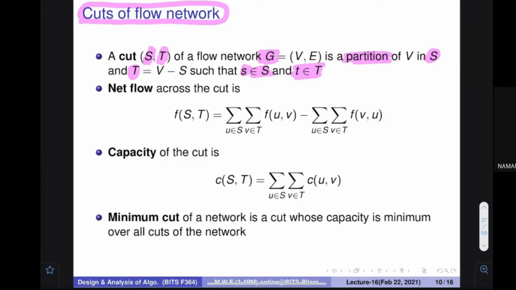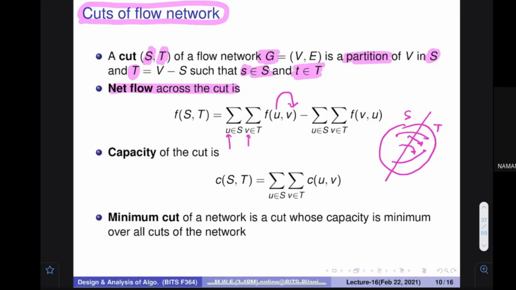Now a few definitions. Net flow across the cut. If I want to find the net flow, from S you pick u and from T you pick v and see how much is going from here to here. So in our network, for all the nodes in S, how much they are sending to T. This is the first term in the summation.